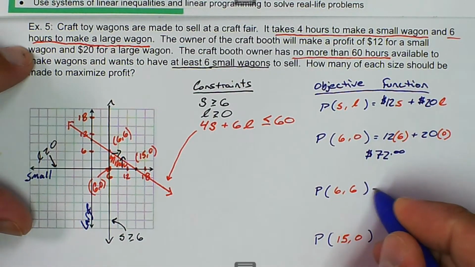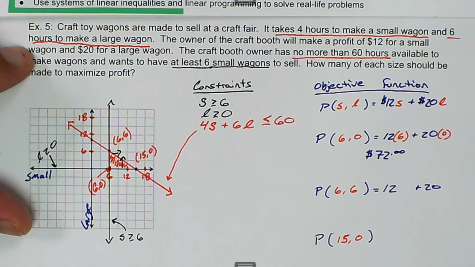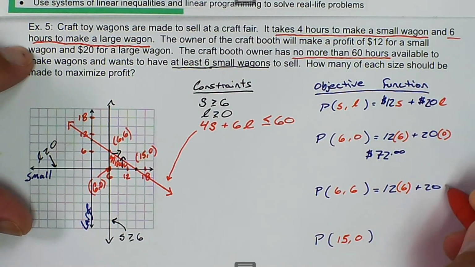Then we can check 6, 6, which is 12 plus 20, and we already know that it's going to be more because we have the same number of small wagons, but then we have an additional 6 large wagons. So in this case, we're going to end up with 192.